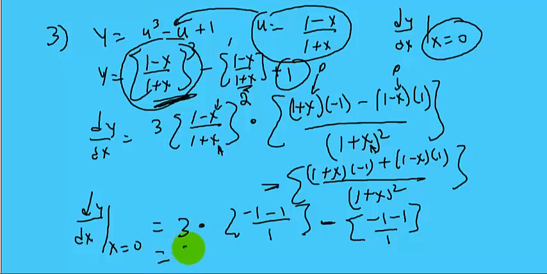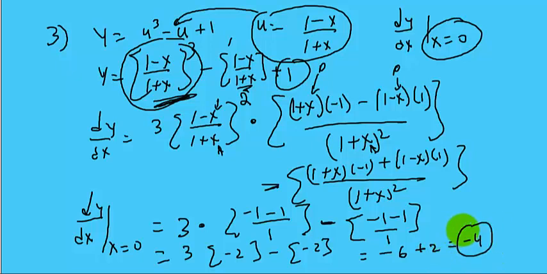Here comes the hard math. Negative 1 minus 1, negative 2 over 1 is negative 2. Minus negative 2. So 3 times negative 2 is 6, plus 2, negative 4. Is that what we got on the last one? I hope so. Yeah. It's up to you. But I think in this next problem, number 4, the second way is easier.